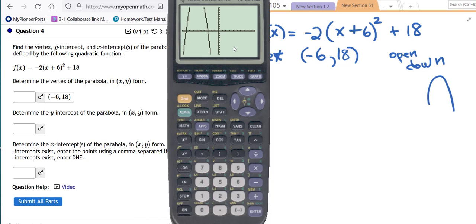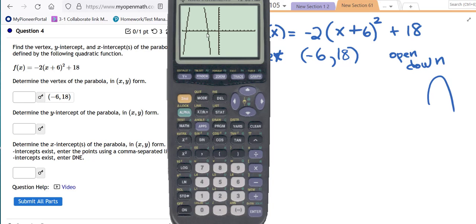Right, and this one you need a better window. We know the vertex is at negative 6, 18. But your y would need to go higher. So that's something telling you information about using your calculator. We already have it, so we're okay there. Oh, we could make it better.